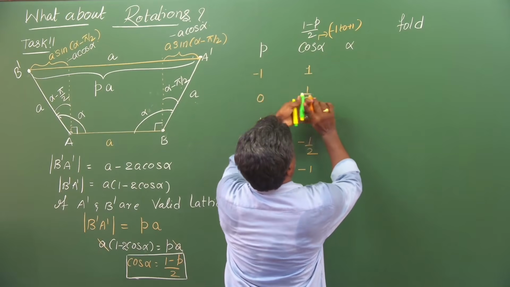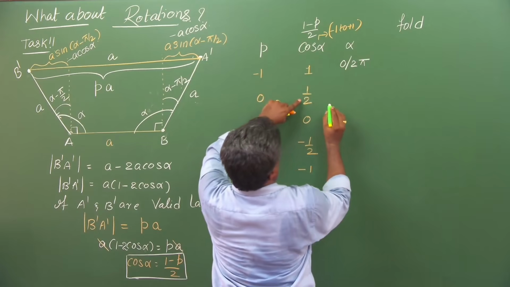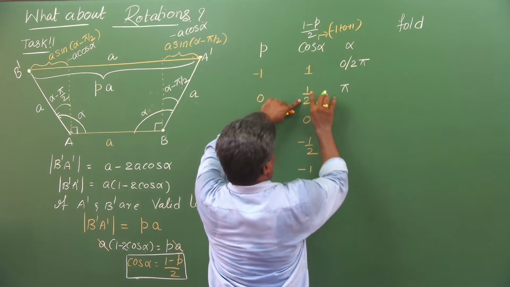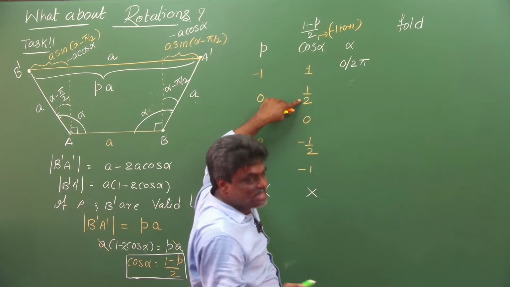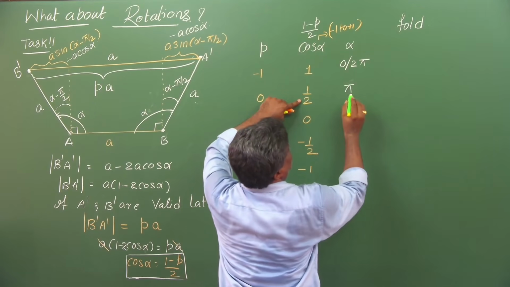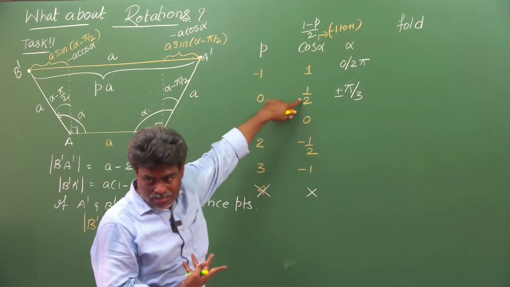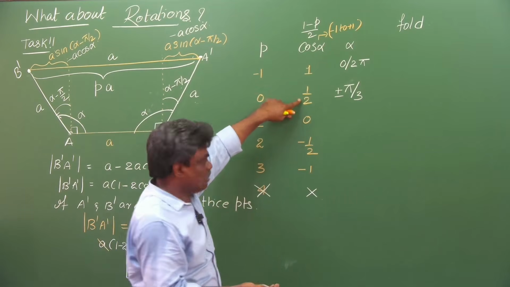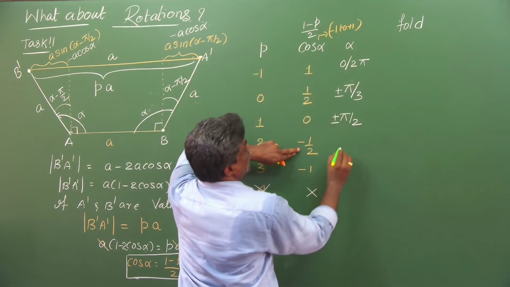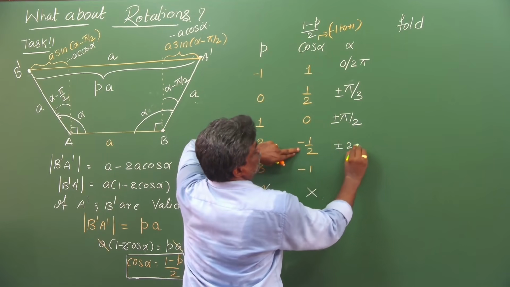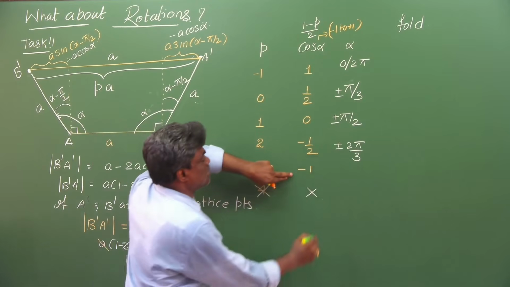Now cos alpha is 1, that's why alpha is 0 or 2 pi. Next pi by 3, plus or minus because it's a cos, either anticlockwise or clockwise. Next 0, plus or minus pi by 2. Minus 1 by 2, 2 pi by 3, cos 120. Next minus 1.